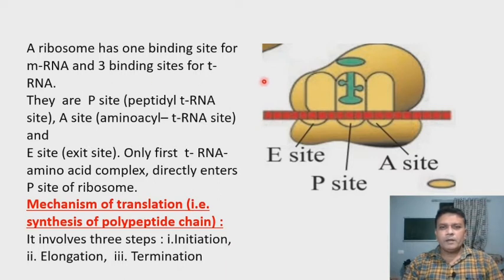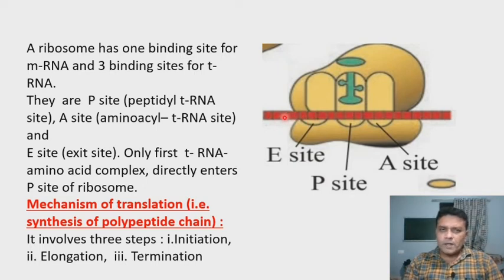Here we can see the larger subunit of the ribosome, and at the lower side is the smaller subunit. During protein synthesis, these two units get attached to each other and provide a binding site for this messenger RNA with the help of ribosomal RNA.